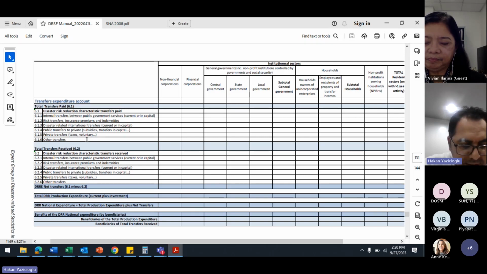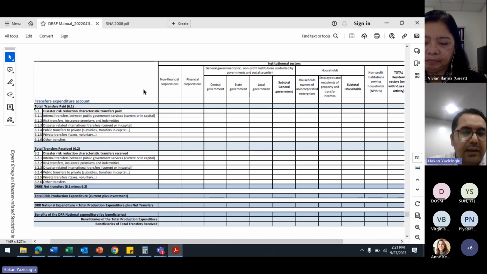And this account of expenditure accounts and also transfer accounts gives us the following indicators or data, like total national expenditure with disaster risk reduction purpose, and disaster risk reduction expenditure by source of financing, like central government, local government, or private sector, and disaster risk expenditures and transfers by beneficiaries.